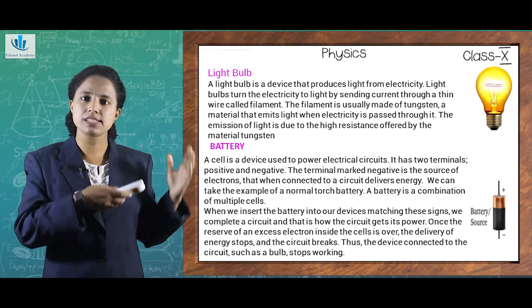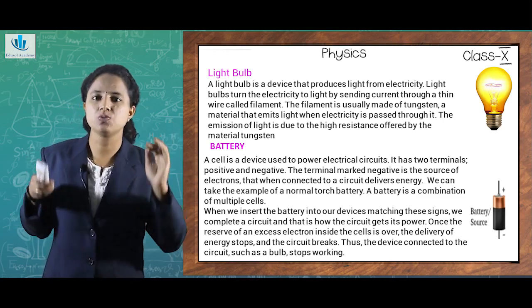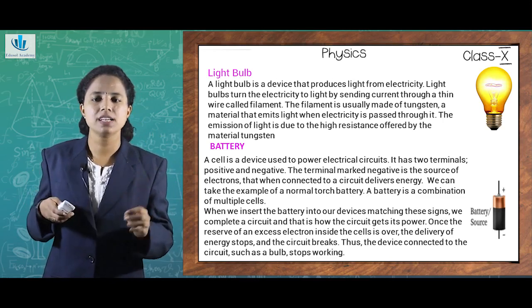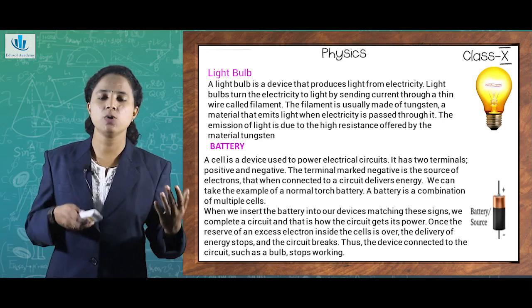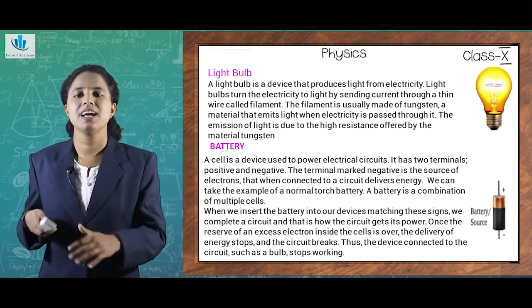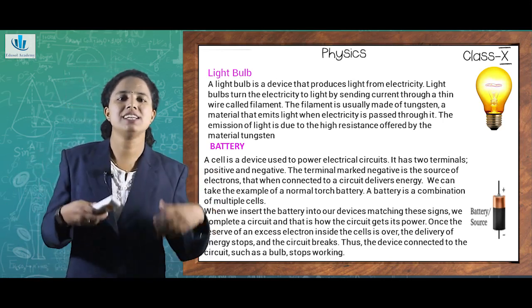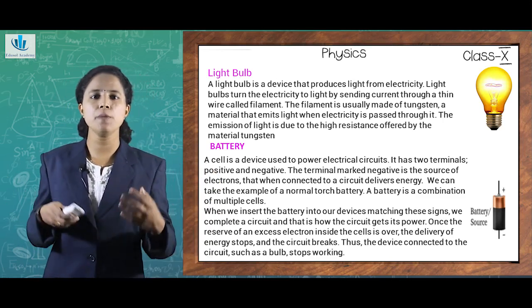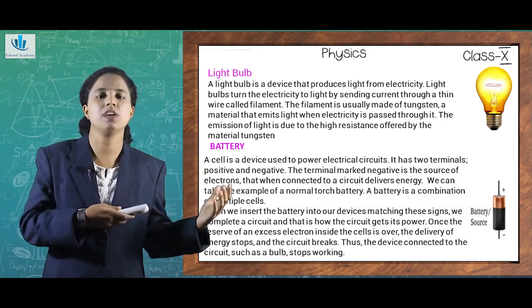Once the reserve of excess electrons inside the cell is over, what happens? The energy delivery stops and the circuit breaks. If the charge of the battery is drained out, that particular circuit doesn't function. So a device connected to the circuit, such as a bulb, stops working.